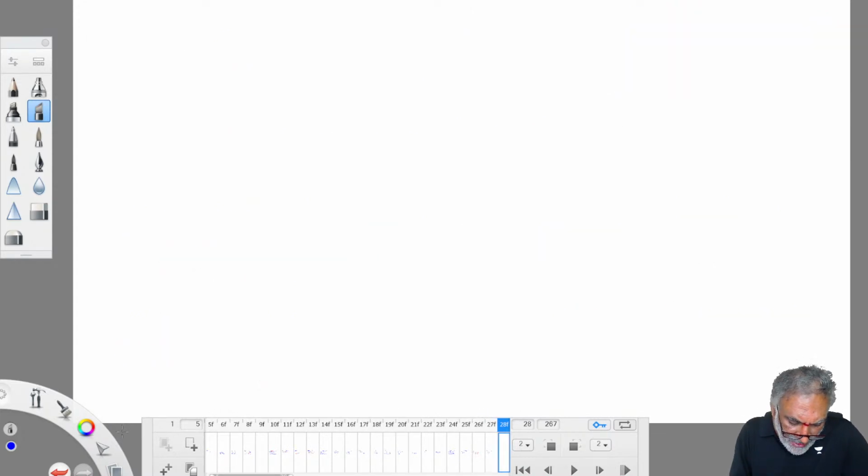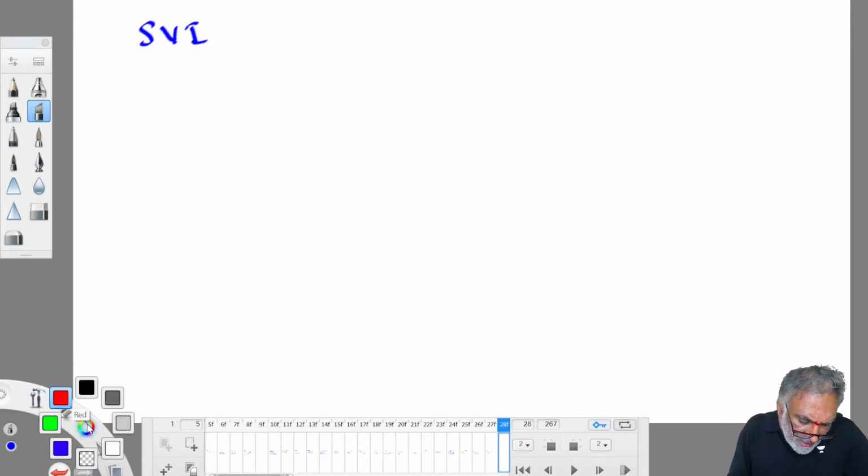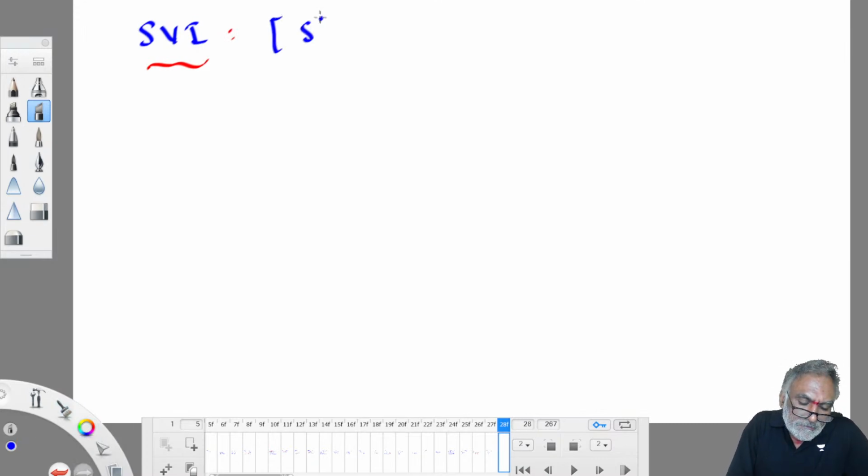Okay. The next important parameter is the sludge volume index. The sludge volume index is worked out by definition.